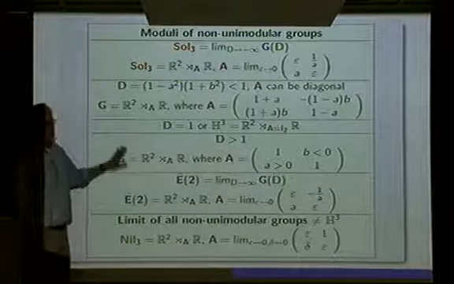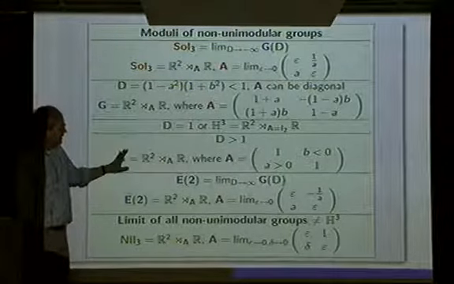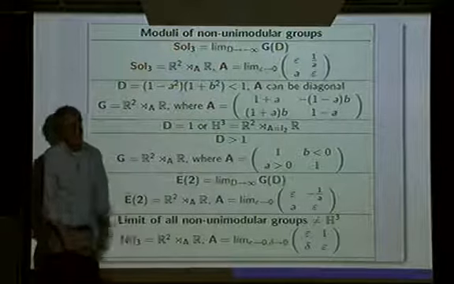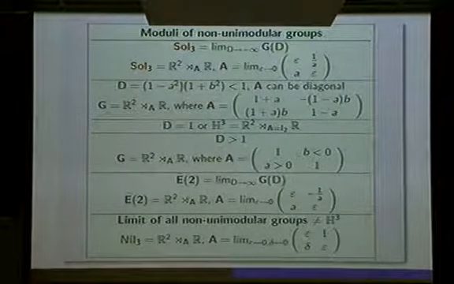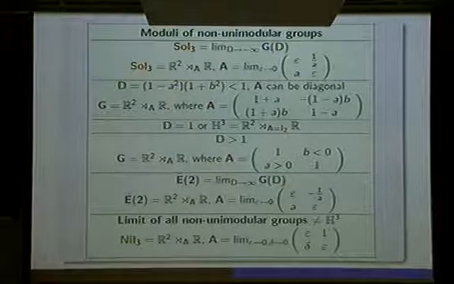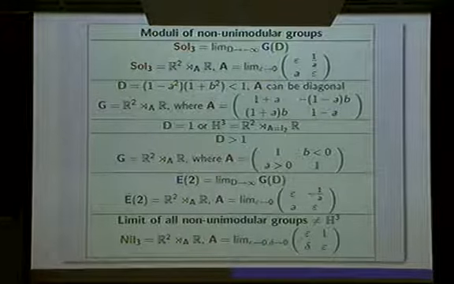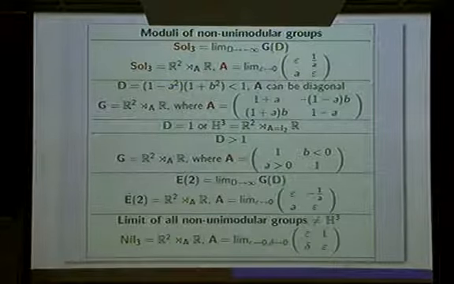Then we have D bigger than 1, and on the boundary of that space, as we go to plus infinity, we see E2 tilde is on the boundary of that space. So it's like a compact interval, the compactification of the moduli space. At minus infinity, you have Sol. You kind of go up to 1. 1's a special number. So if you're less than 1, you can represent the group with a diagonal matrix.